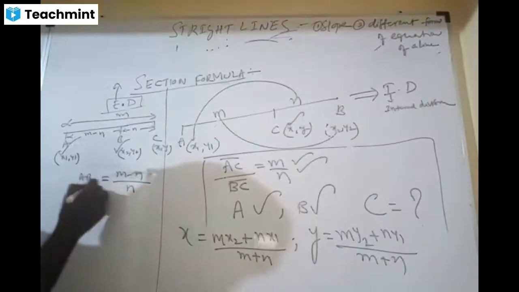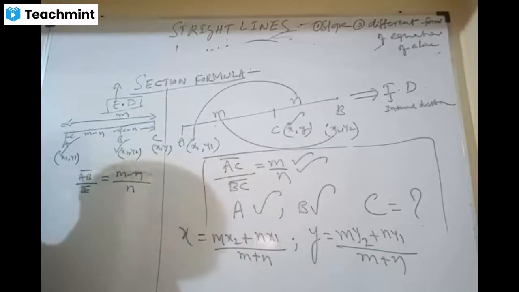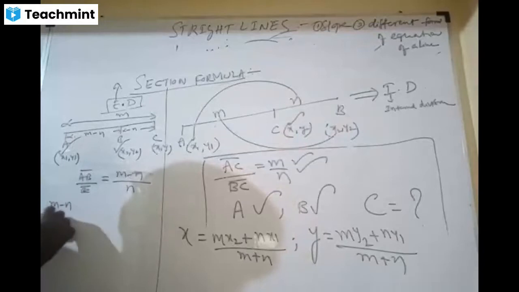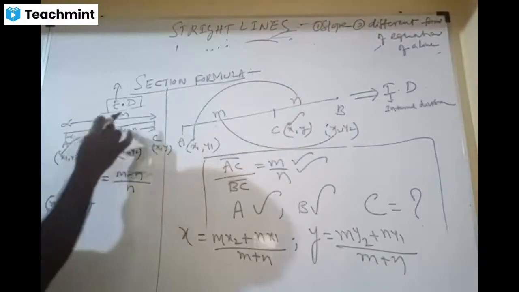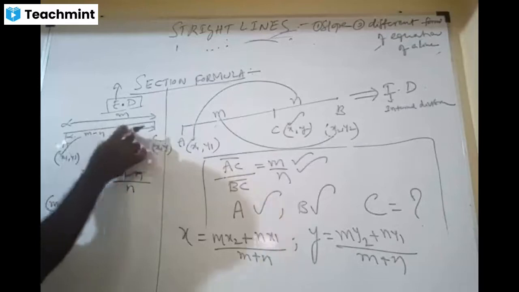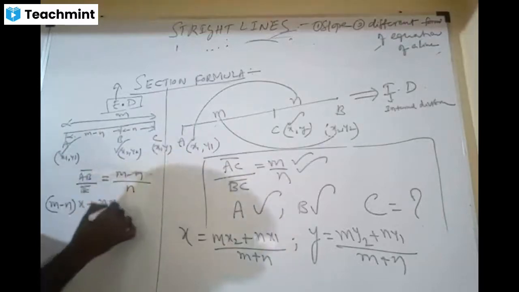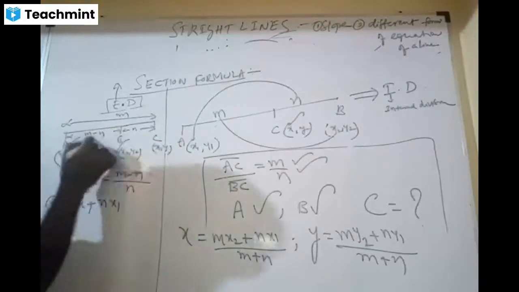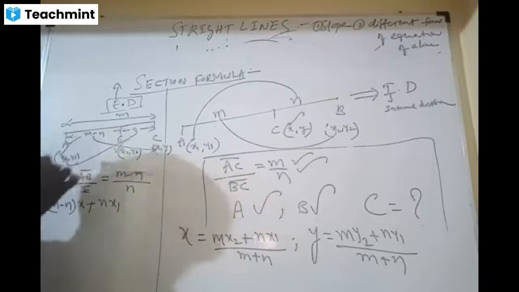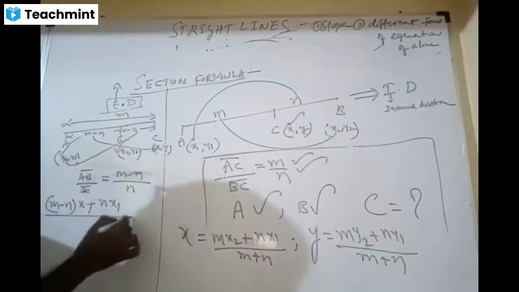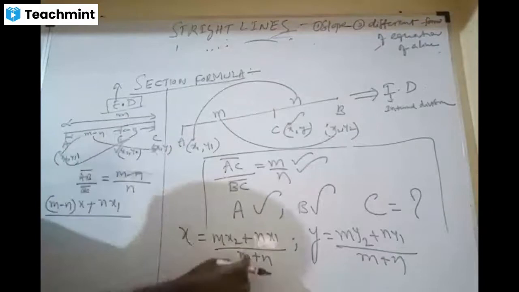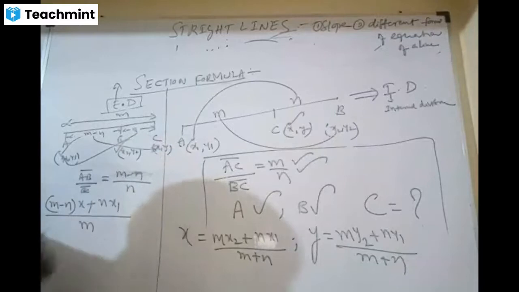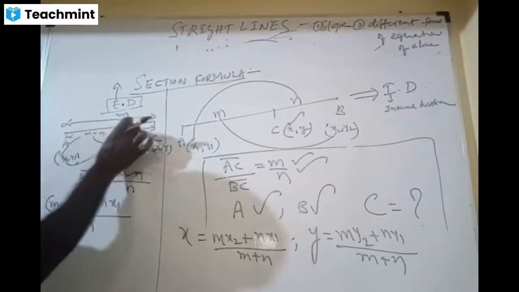Now tell me: m minus n into x2 plus n into x1, the whole divided by m minus n plus n.